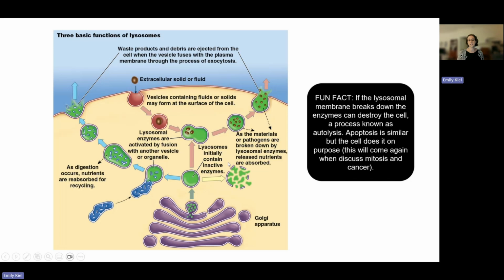If they have active enzymes and are accidentally breached, the cell can start to digest and break down itself. Or if the cell or the nucleus has noticed some problem, they can plan for the lysosomes with their active enzymes to be released to kill the cell because the cell is unhealthy.